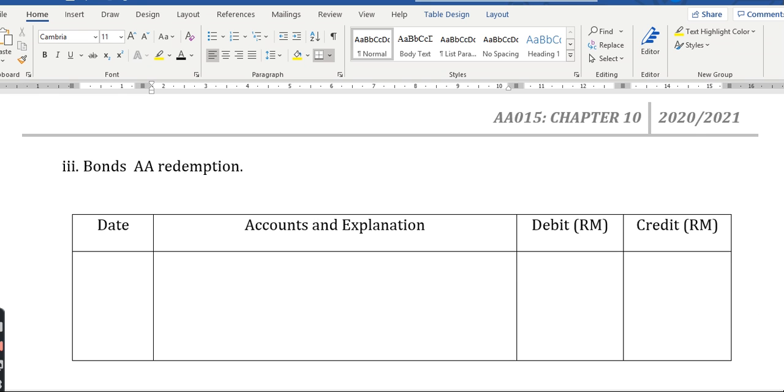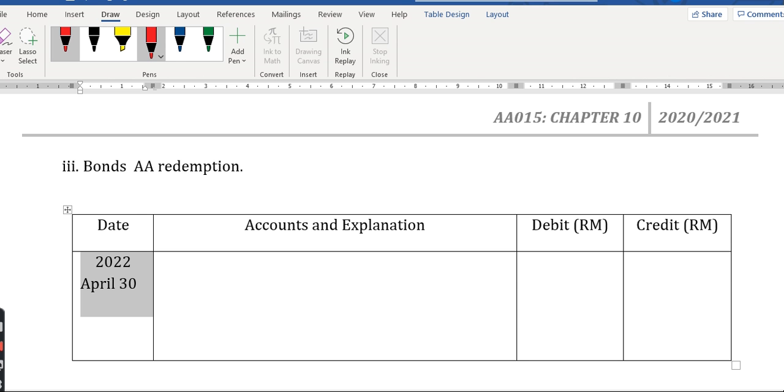Okay, when is the maturity date? The maturity date is on April 30th, 2022. Because it is a 10 years tenure, you issued the bond on 1st of May 2012. So for 10 years, that means you will redeem the bond in the year 2022.